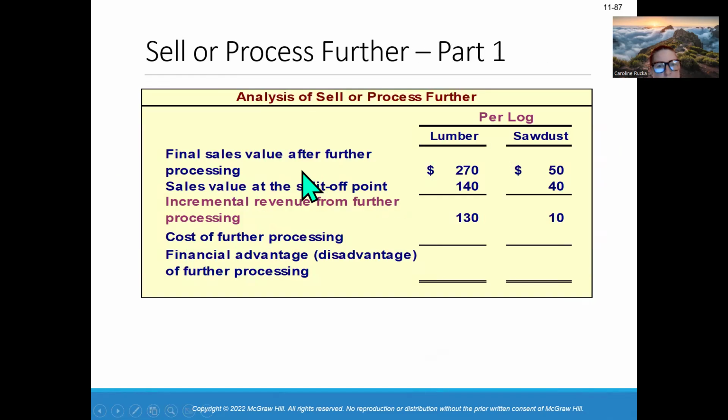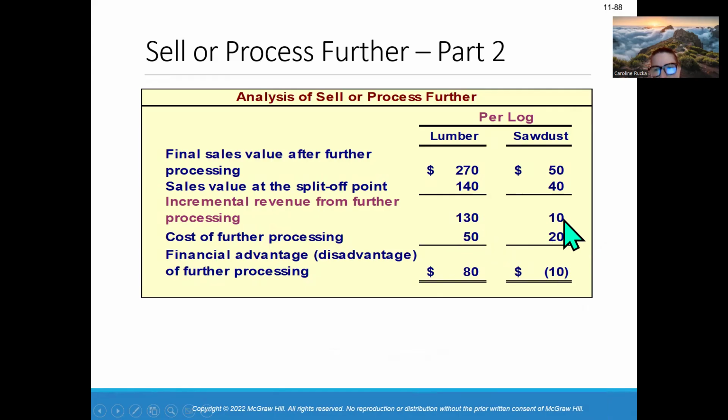Final sales value after further processing, lumber 270, sawdust 50. Incremental revenue from further processing, 130 for the lumber, 10 for the sawdust. Cost of further processing, $50 for the lumber, $20 for sawdust.